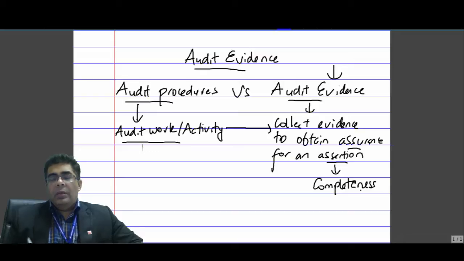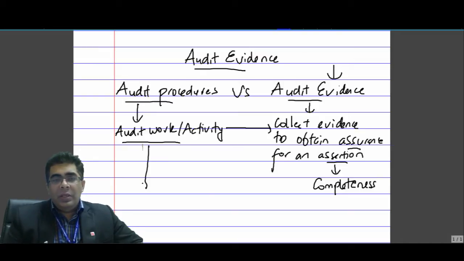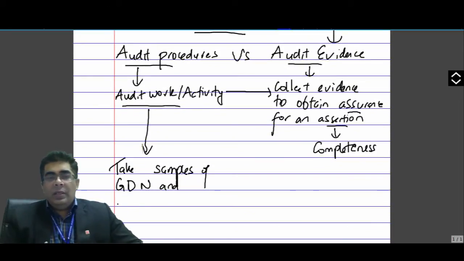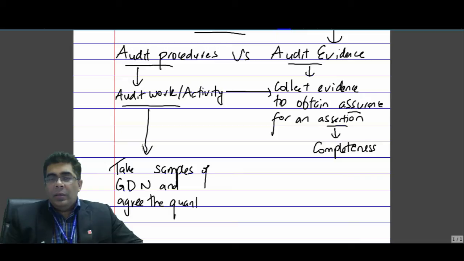My procedure will be, for example, take samples of the goods dispatch note and agree the quantity dispatched to the invoice raised.